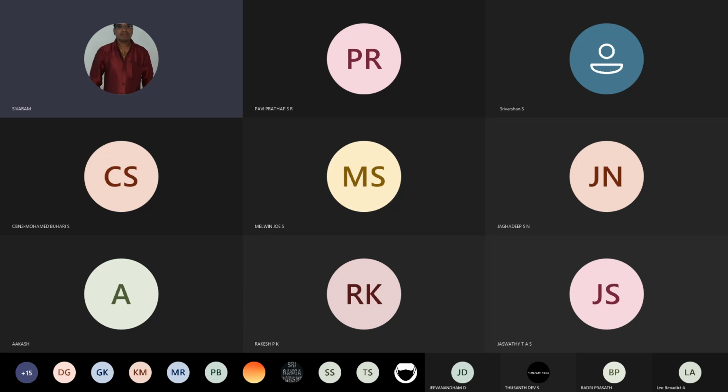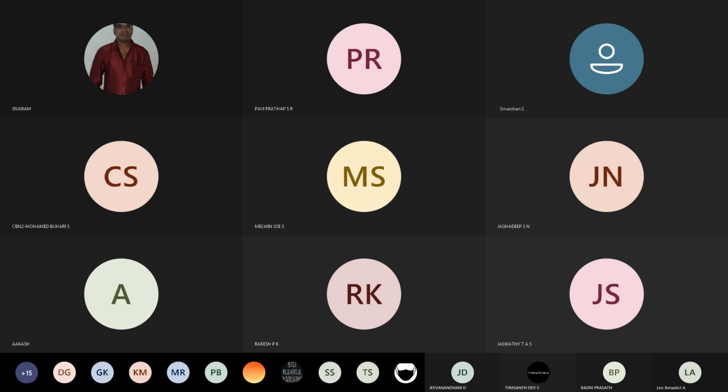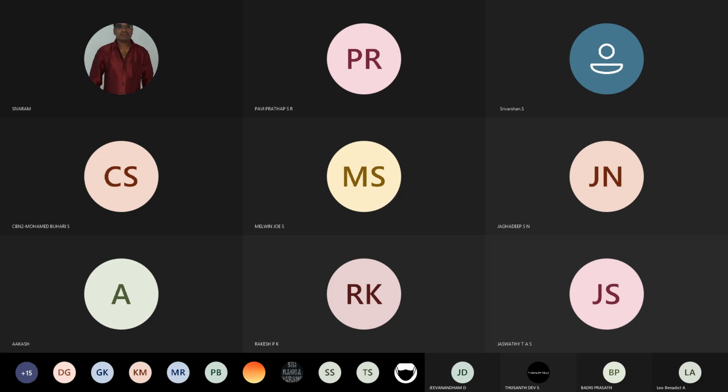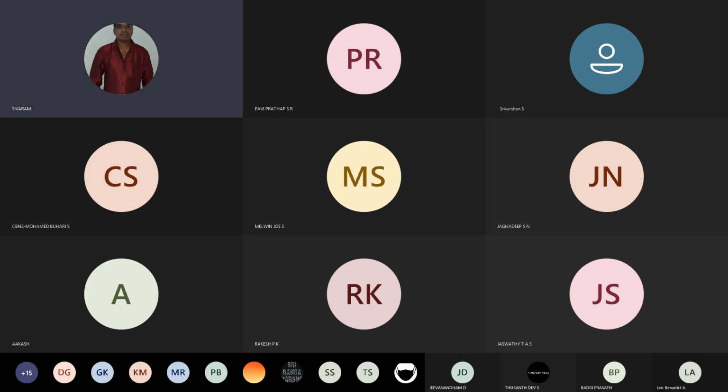Once pollination occurs, the pollen grain deposited on the stigma will germinate. That means the pollen grain will form the pollen tube, which emerges out of the grain and passes through the tissues of the stigma, style, and ovary and reaches the ovule.